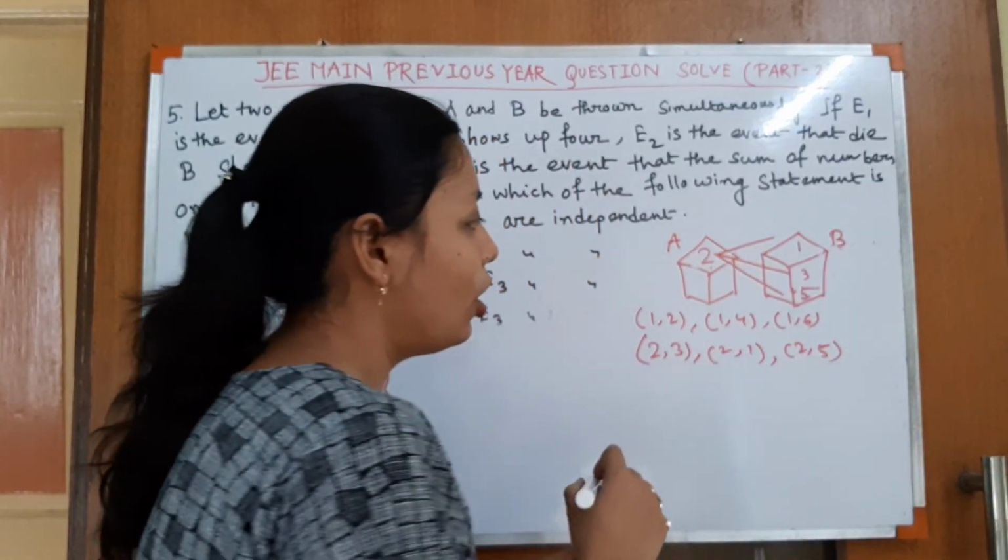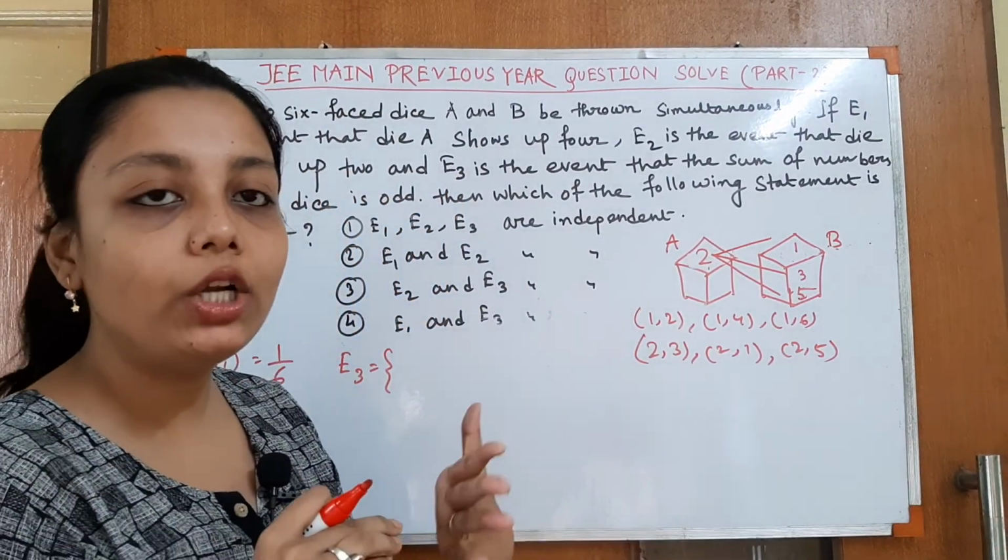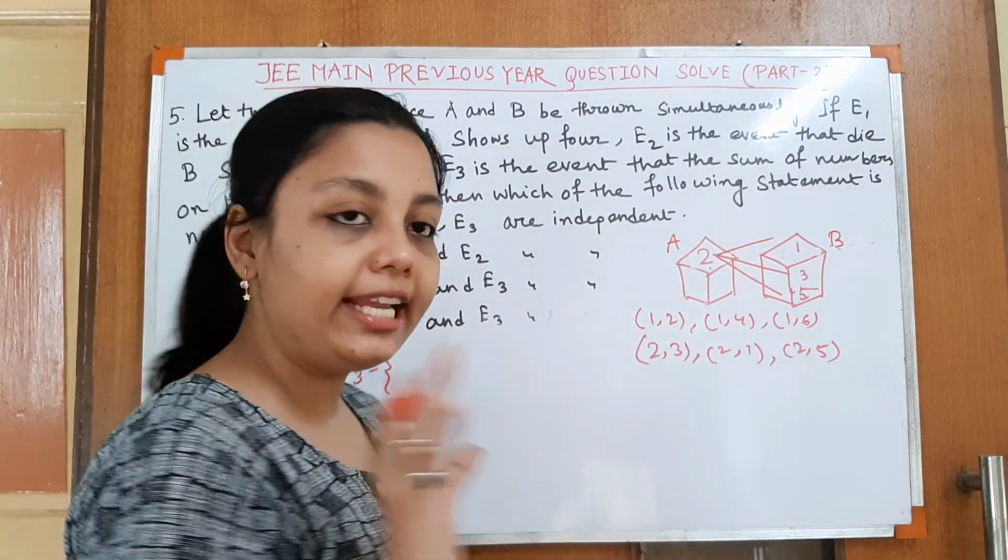In this way, for the 6 numbers 1, 2, 3, 4, 5, 6, we get 18 pairs.